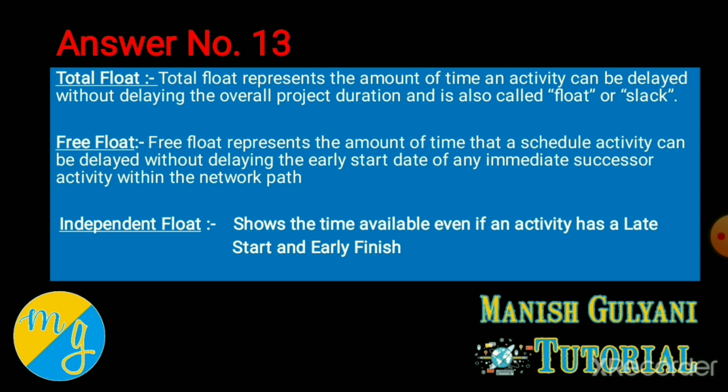You can apply either formula, latest starting minus earliest starting, or latest finishing minus earliest finishing, and the answer will be the same. Total float represents the amount of time an activity can be delayed without delaying the overall project.